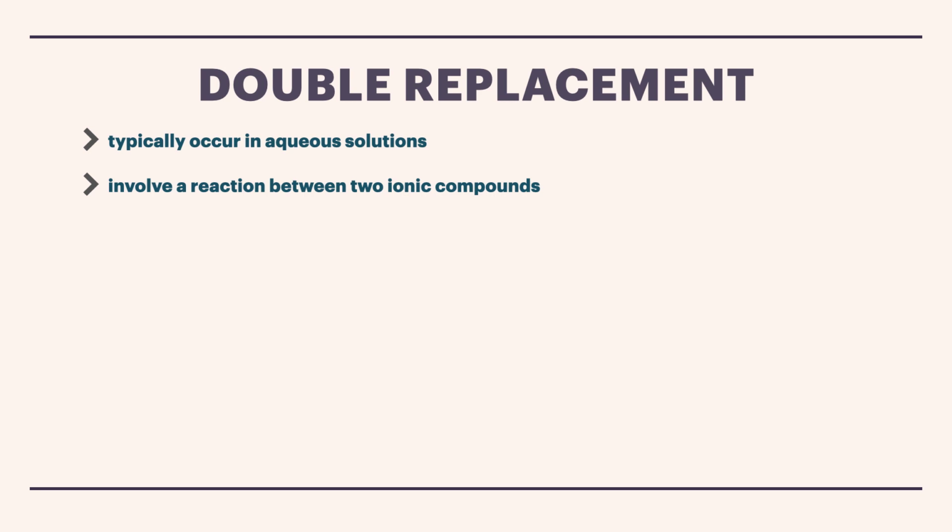And in these double replacement reactions, again, this is one of those names that is descriptive of what's actually going to happen. That just means that the compounds, the ions that make up the compounds, are going to essentially trade places. They're going to exchange partners.